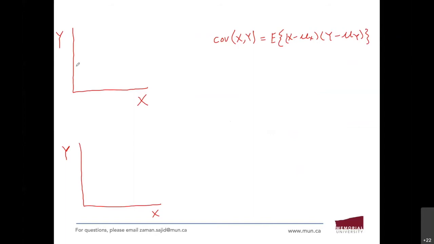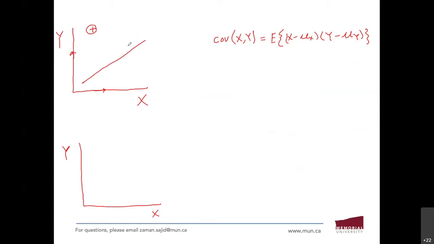Now, in this graph, I'm going to develop a positive relationship. By that I mean this will be a straight line with a positive slope, giving me a positive relationship between x and y. If x is increasing, as you can see here, y will be increasing correspondingly.